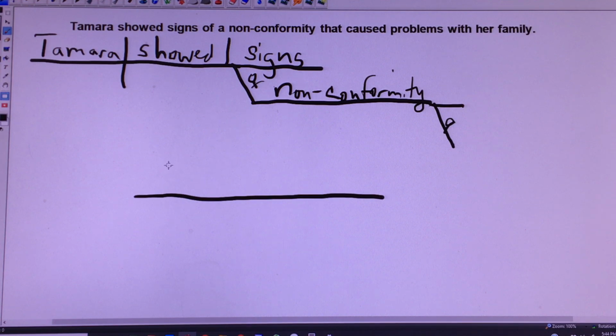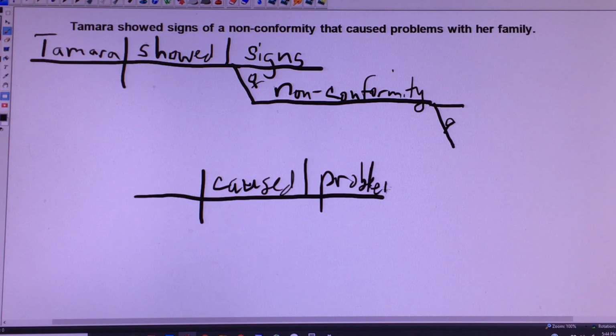it. And so caused is the verb. Is it transitive? What got caused? Problems with her family. That's what. So problems. And what kind of problems or which problems?